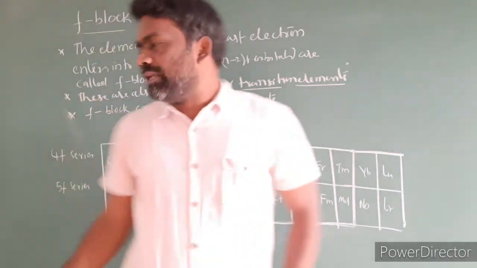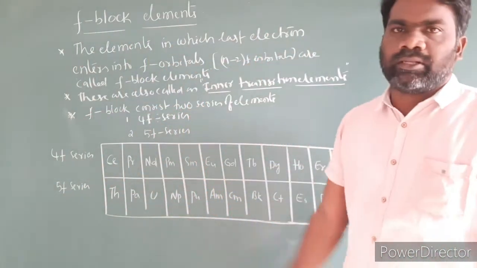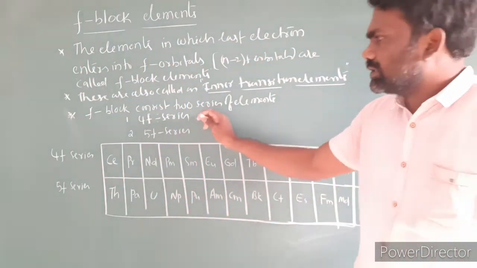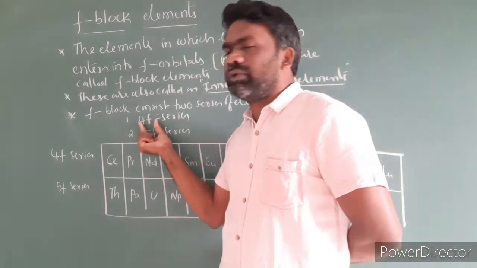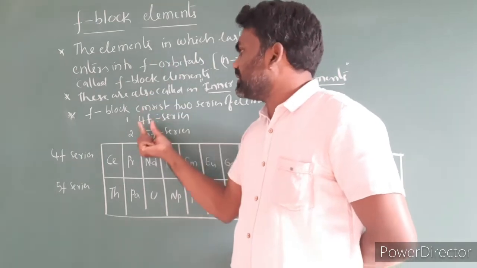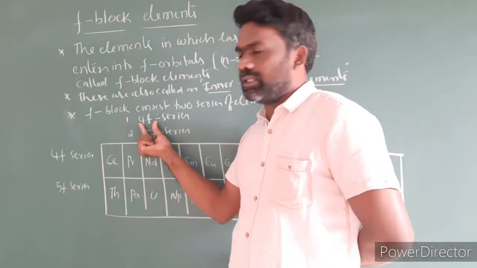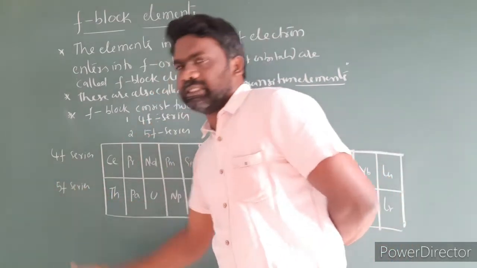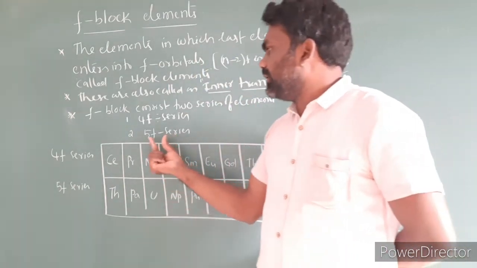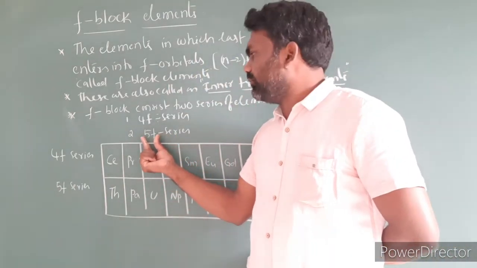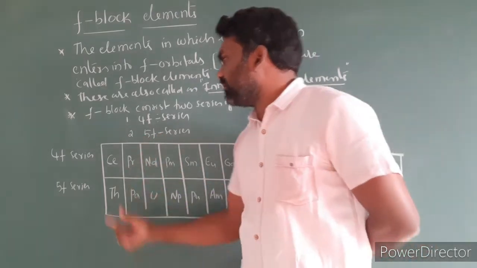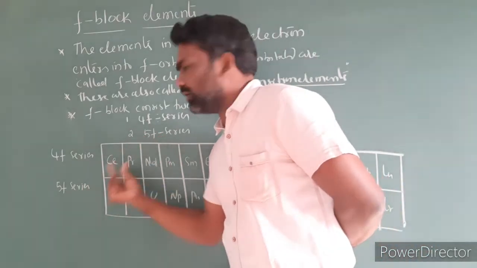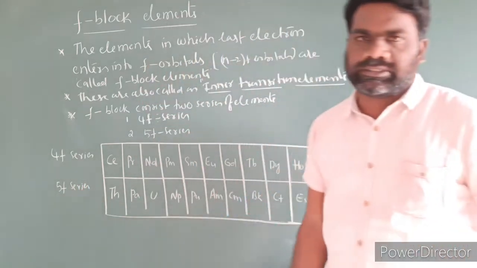In both series, the last electron enters into an F orbital only. Why do we call them 4F? Because the last electron enters into the 4F orbital. If the last electron enters into the 5F orbital, we call them the 5F series.